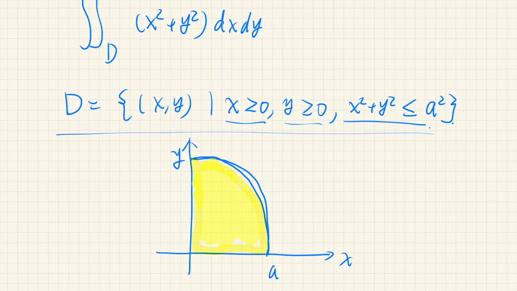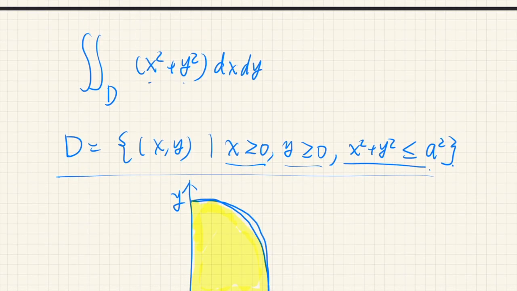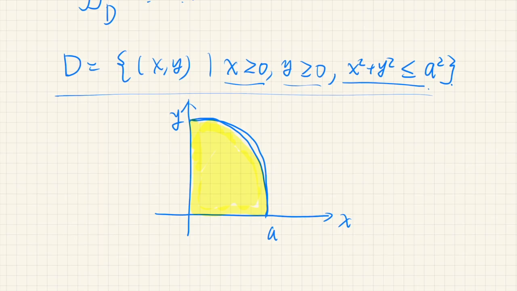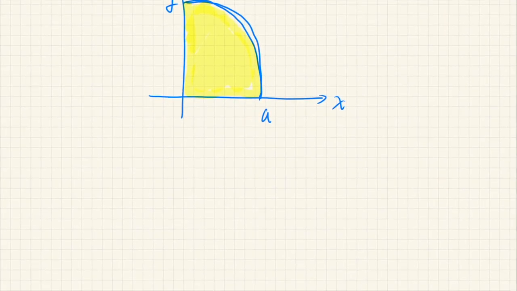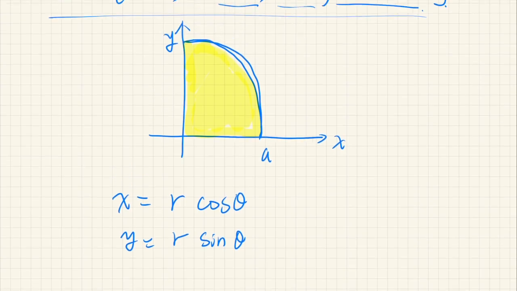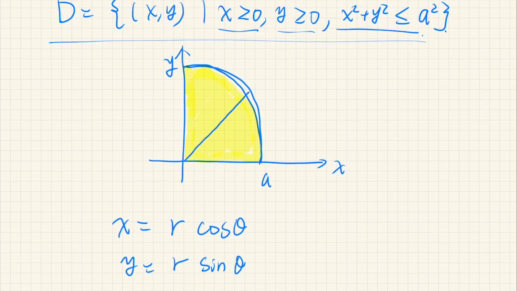Okay, so when something involves x squared plus y squared, it is often helpful if we use the polar coordinates. That is, we transform x and y using the polar coordinates, that is radius and the angle. y equals r sine theta. And here r is the distance from the origin.